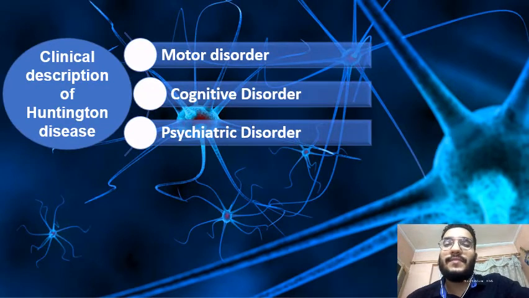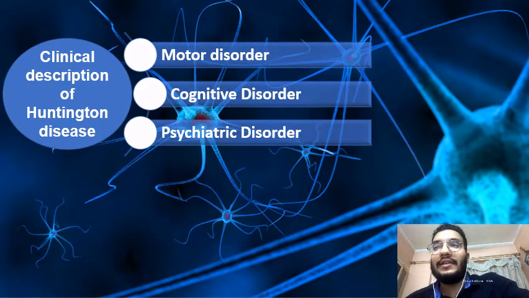Clinical description of Huntington disease is divided into: first, motor disorder, like difficulty with speech, chorea, dystonia, and impaired gait or balance. Second, cognitive disorder.